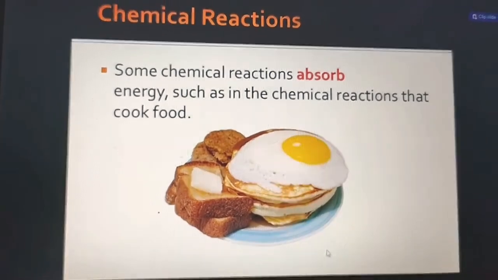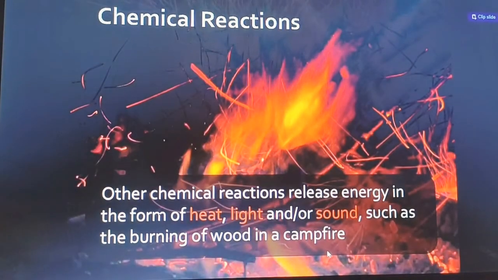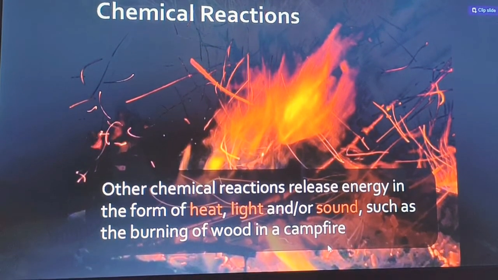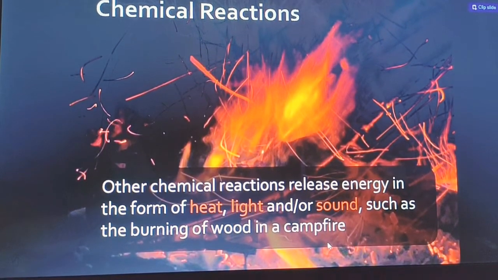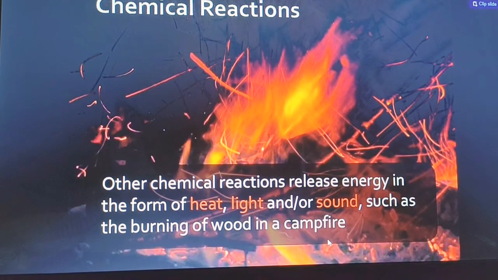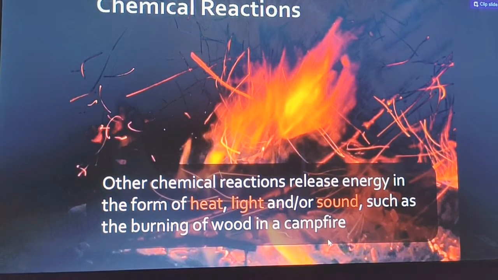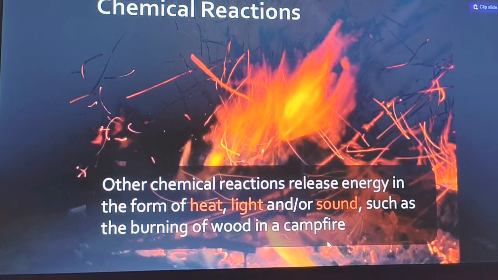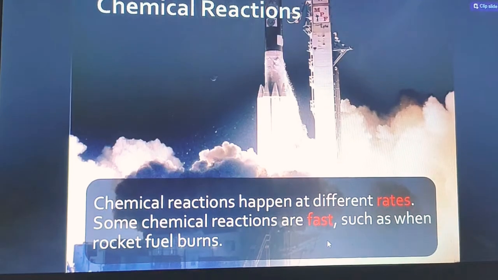Now a few more examples. Other chemical reactions release energy in the form of heat, light and sound, such as the burning of wood in a campfire. I told you the example that energy is released or absorbed.